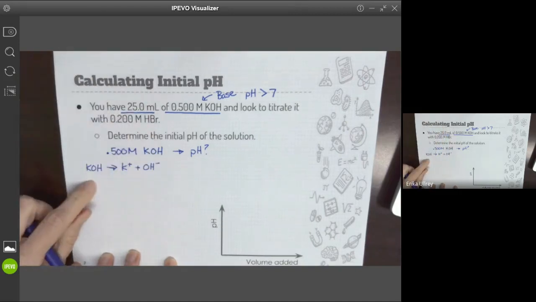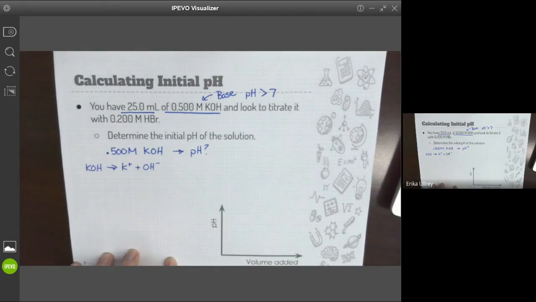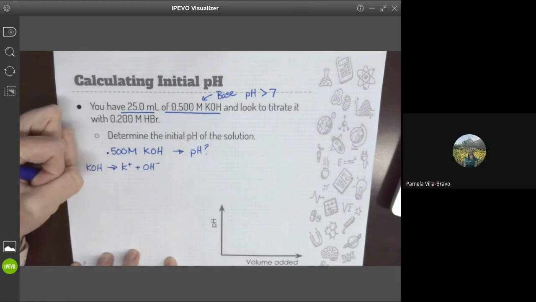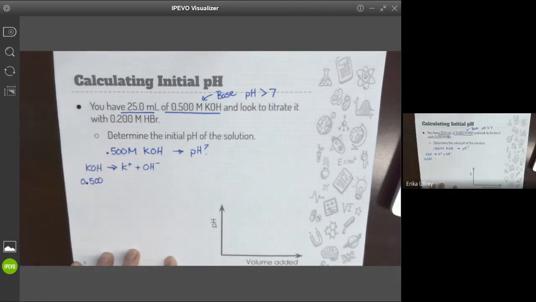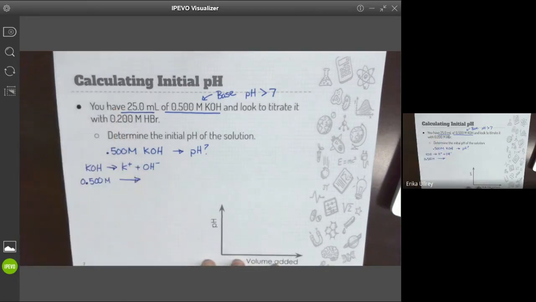What is the concentration of KOH that we're given, Pamela? 0.5. Yeah, 0.5. Yep, that's okay. I'll make the decimal a little bigger looking, right? So if this is the molarity of KOH, what's my concentration of OH going to be if it 100% dissociates?